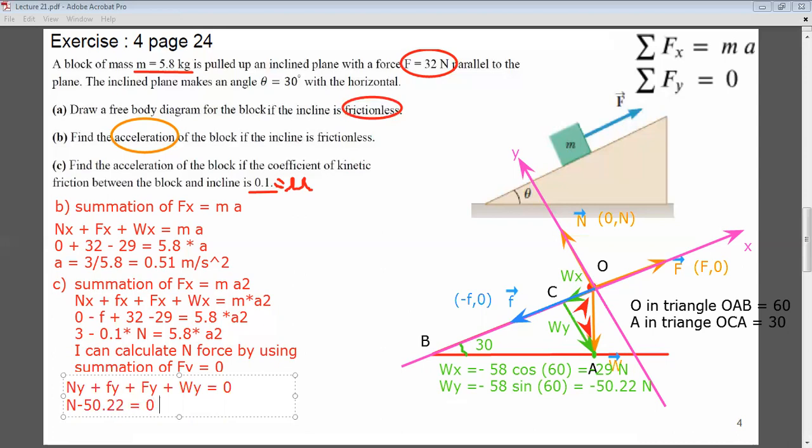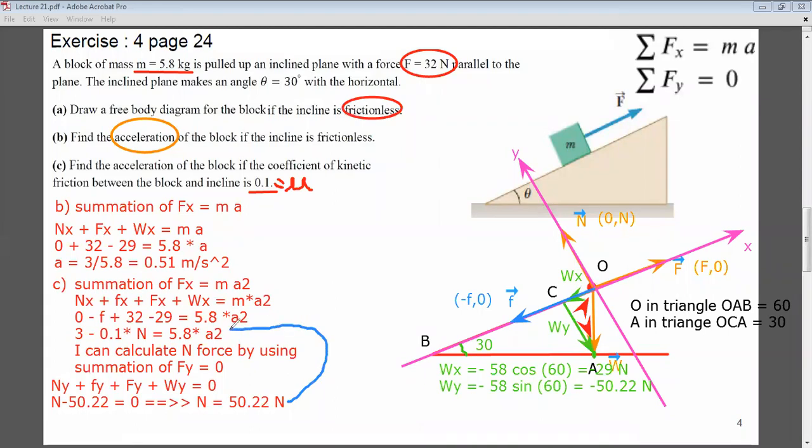This is equal to 0, which implies N is equal to 50.22 Newton.